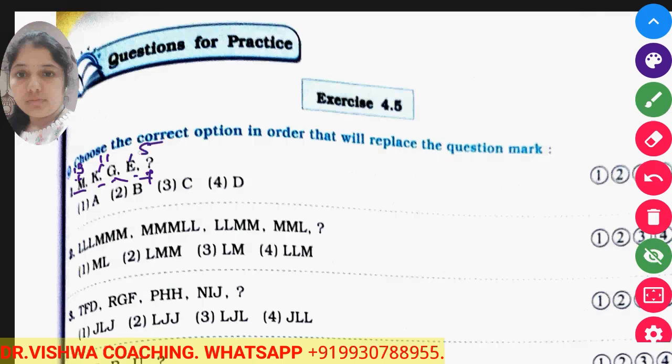So if you look carefully, 5, 7, 11, 13, if we find the gap, there is a gap of 2 letters between E and G, but the gap between G and K is of 4 letters. So there is no specific pattern here, but if you look carefully, 5, 7, 11, 13, all these are prime numbers.